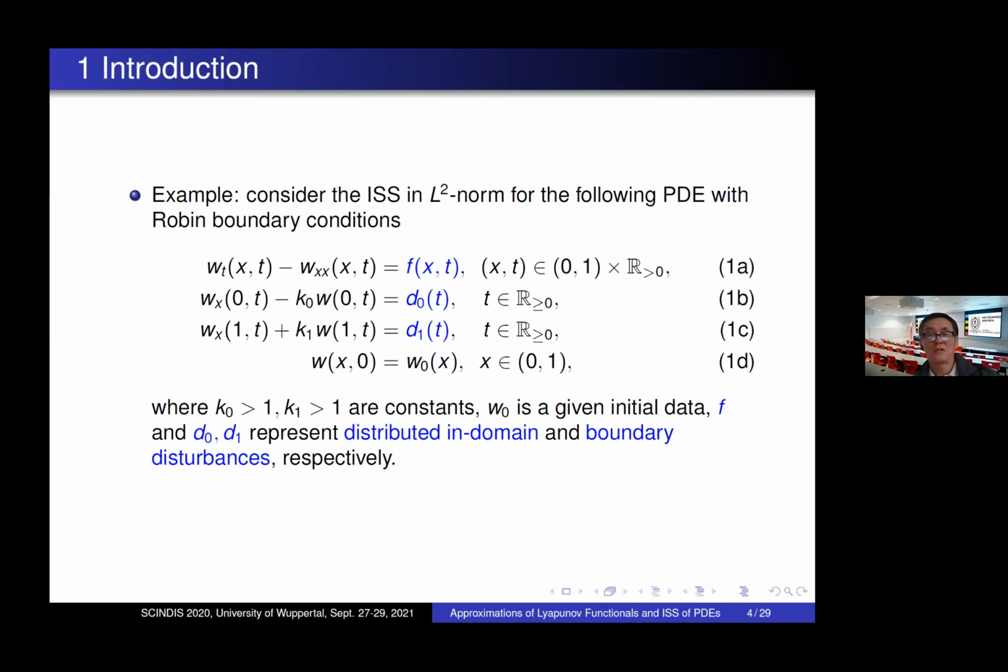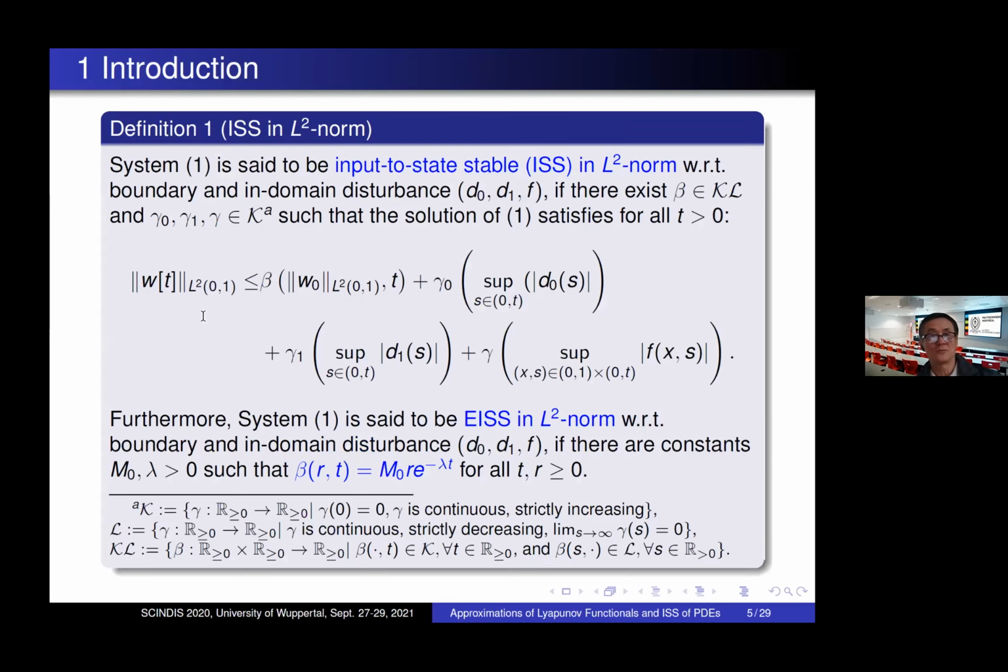Through this example, I will show that the application of the Lyapunov method is quite straightforward. We are looking for ISS in the L^p sense. That means we try to find a function beta of class KL, and gamma 0, gamma 1, gamma functions of class K, and we try to establish these ISS estimates.